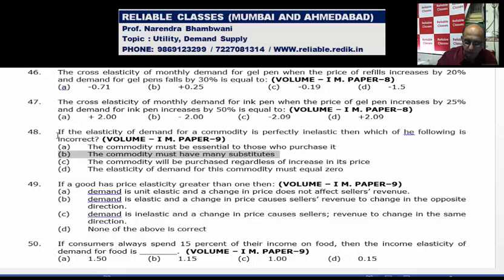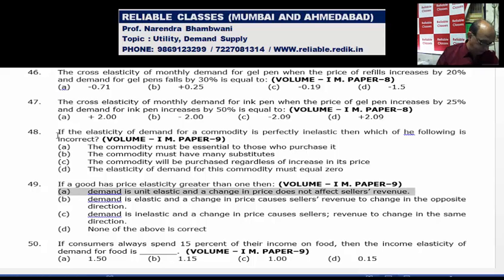Then if a good has a price elasticity greater than 1, it means it is relatively elastic. Demand is unit elastic, and change in price does not affect seller's revenue. Demand is what? Unit elastic. Greater than 1, so how can it be unit elastic?